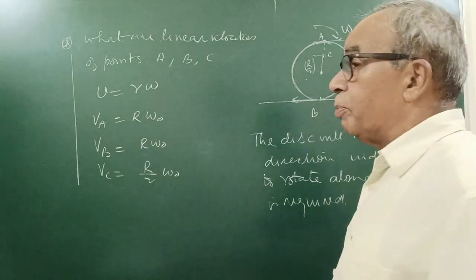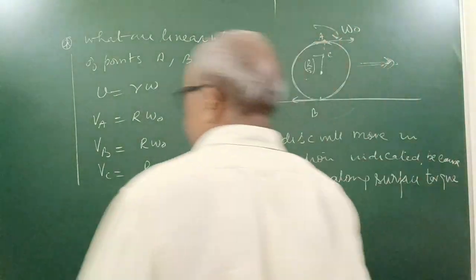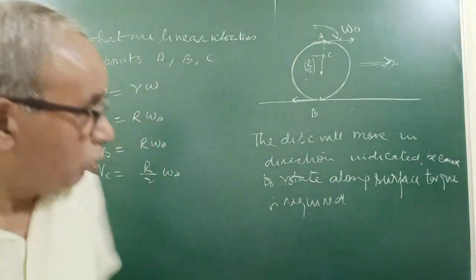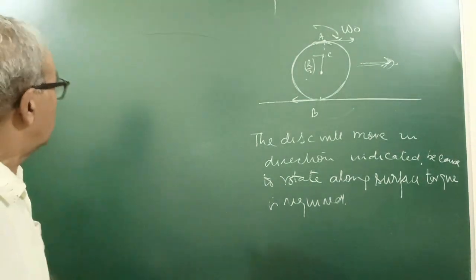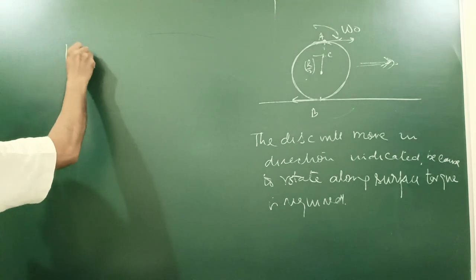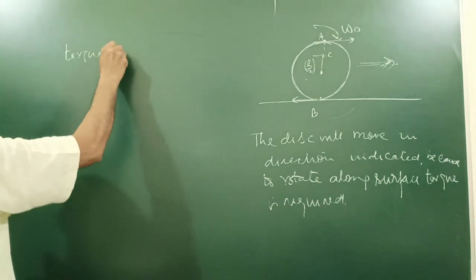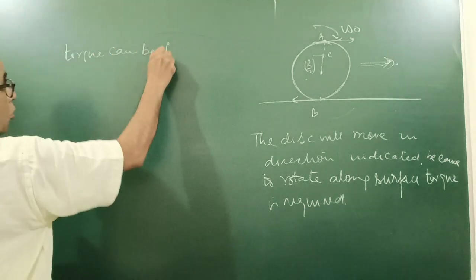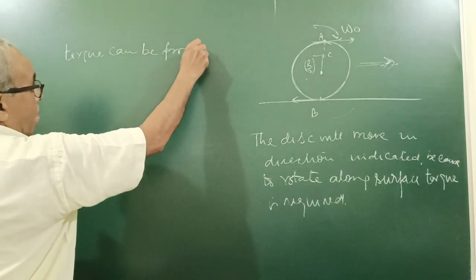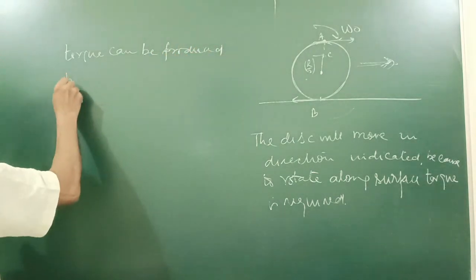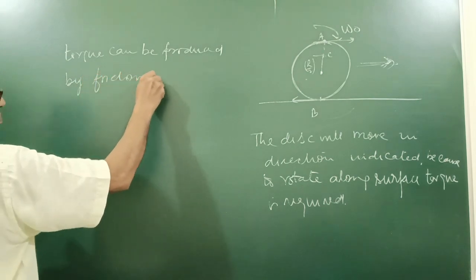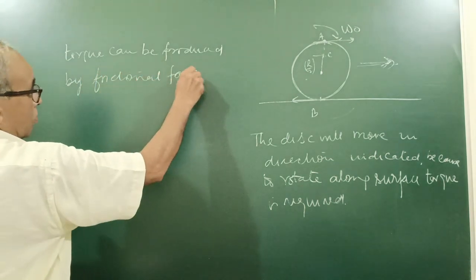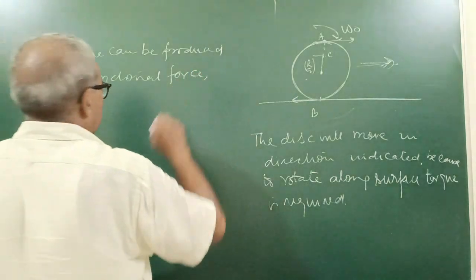And here torque will be produced only by the frictional force. Torque can be produced by frictional force, which is 0 here.